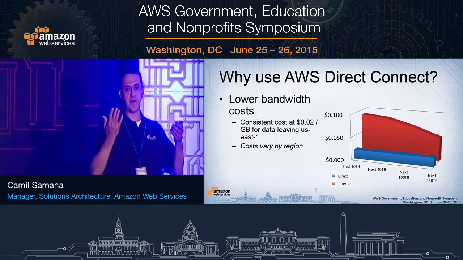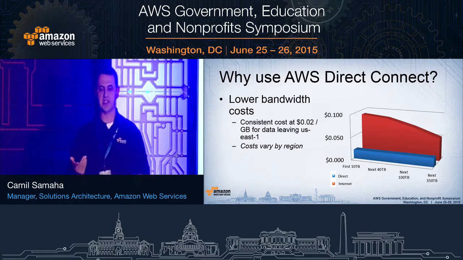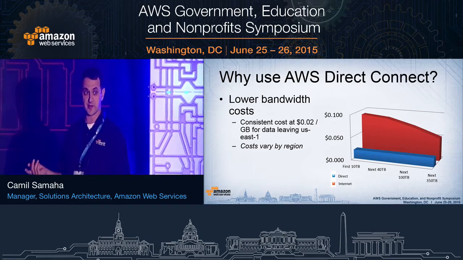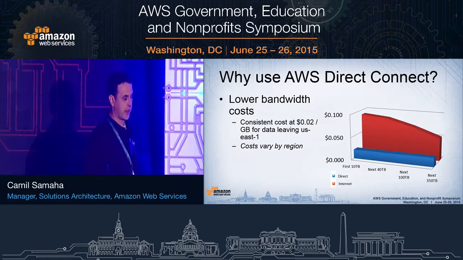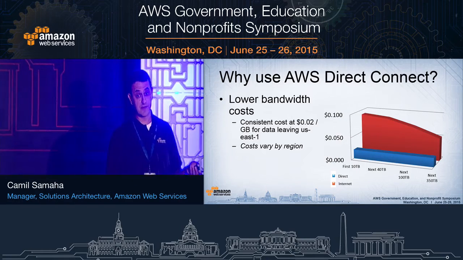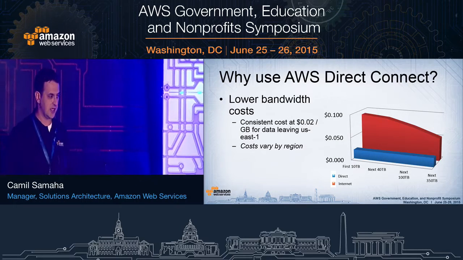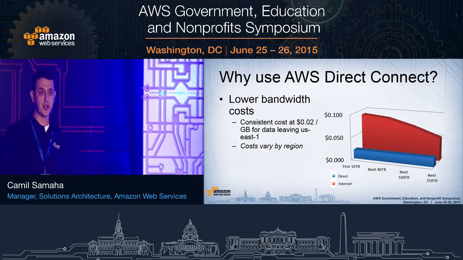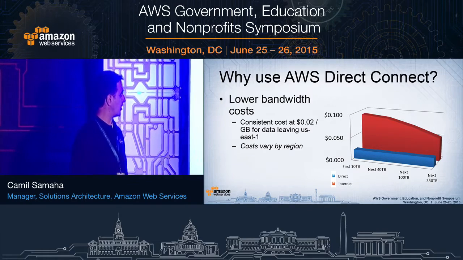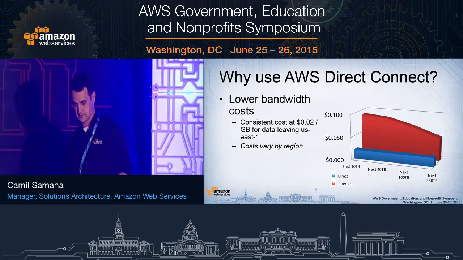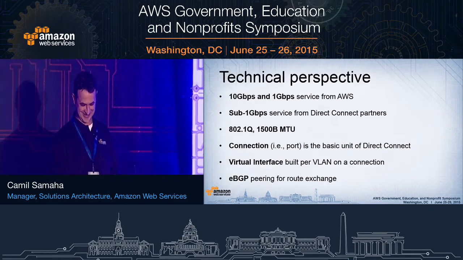As you know, any traffic coming into AWS is free, but outgoing traffic in US East region starts at 9 cents per gigabyte, and the price decreases as you use more bandwidth. With Direct Connect, it is fixed at 2 cents per gigabyte in US East. So there's definitely an opportunity for cost savings from a bandwidth perspective using Direct Connect. All right, so now you all know what Direct Connect is, right?